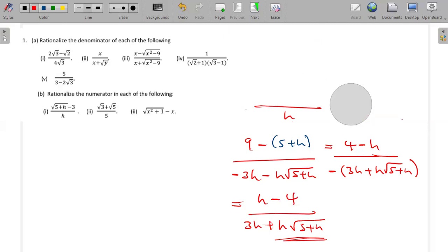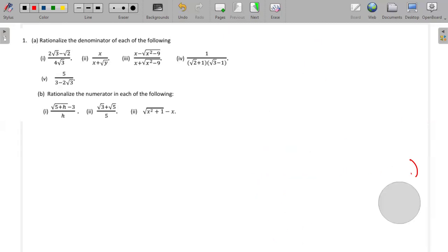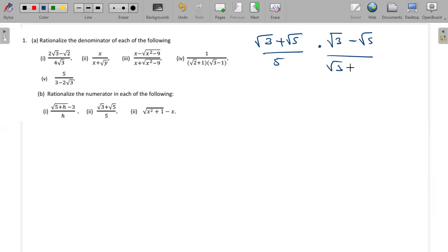Okay, let's do the next one. So next question, you have square root of 3 plus square root of 5, then over 5. So the conjugate, since you're rationalizing the numerator, the conjugate of square root of 3 plus square root of 5 is square root of 3 minus square root of 5.